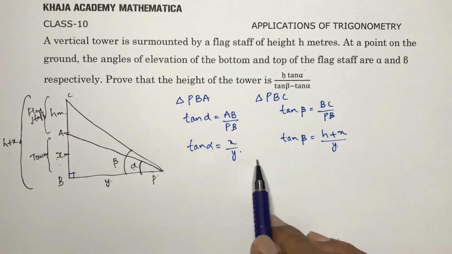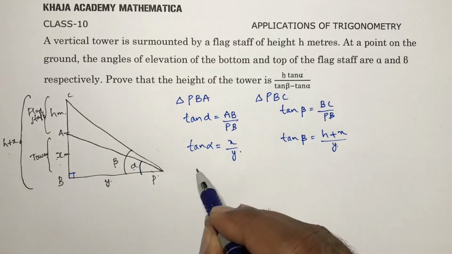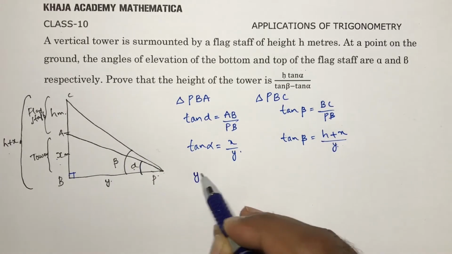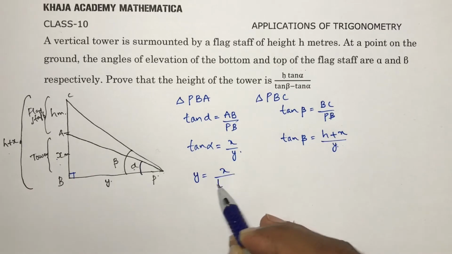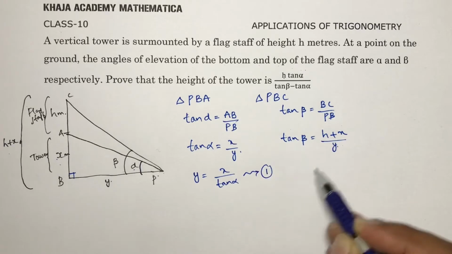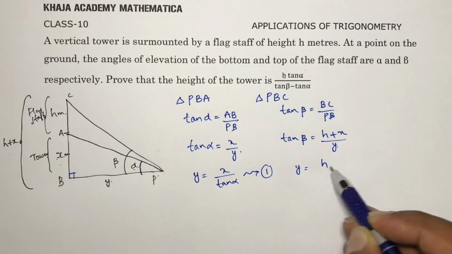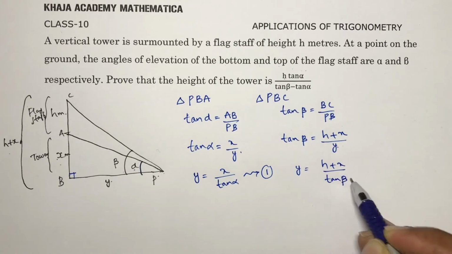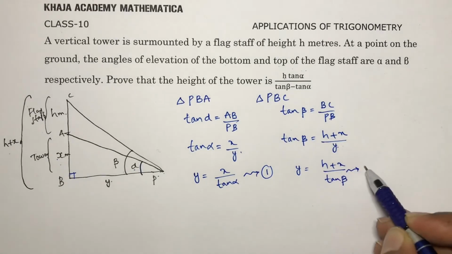In both we have y common, so you can write in terms of y. So y equals x by tan alpha. Make this equation 1. And here y equals h plus x by tan beta. This is equation 2.